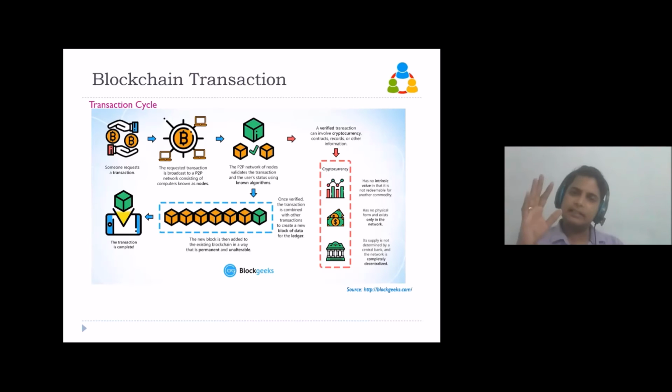Not every blockchain transaction will involve cryptocurrency. Blockchain is not Bitcoin. Bitcoin is not blockchain. Okay. Bitcoin is a widely popular cryptocurrency which uses blockchain technology. Blockchain technology can be used in various other applications. It can be used for cryptocurrency transactions.